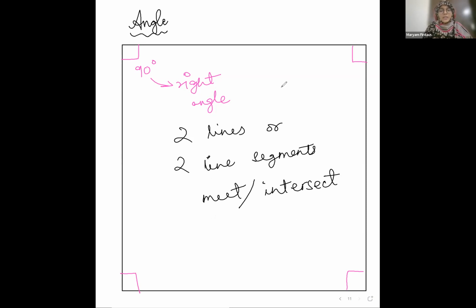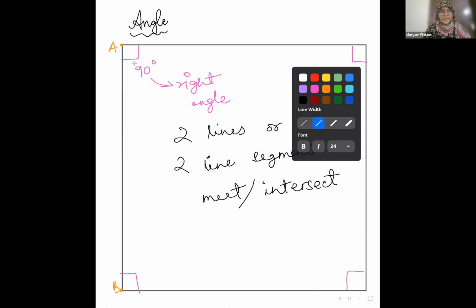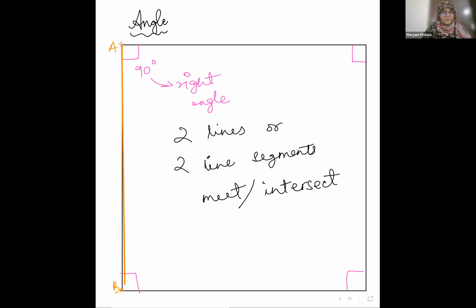So you can see these two line segments. Now let me name them. This is a line segment AB. Why is this a line segment AB? Because it is connecting the 2 points A and B. Can you see this orange line segment AB? Yes.